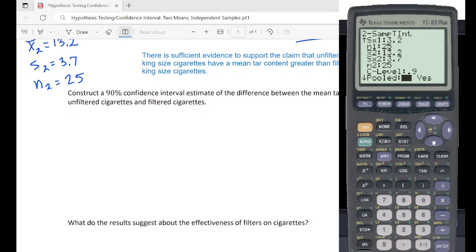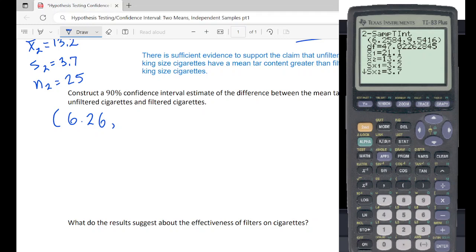Again, leave it as No for pooled, and go down to Calculate, and it's going to think about it, and it's going to give us the interval here, which is 6.26 to 9.54.